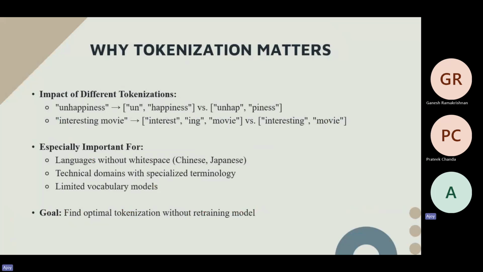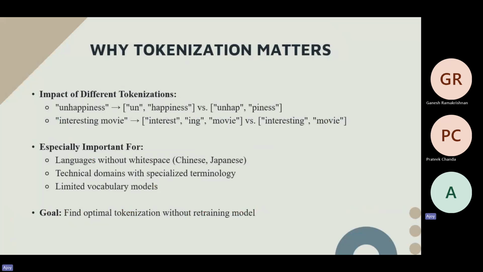Before going next, let's understand why tokenization even matters. If you take the word unhappiness, there can be different tokenizations for that word. Each tokenization gives different context to the model, and the model will behave accordingly.